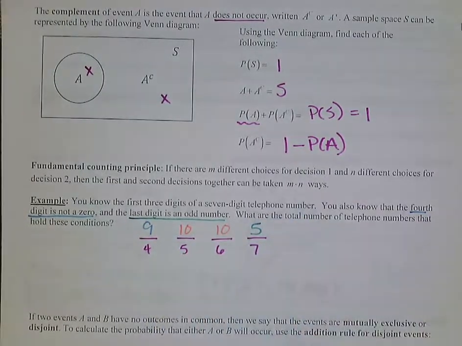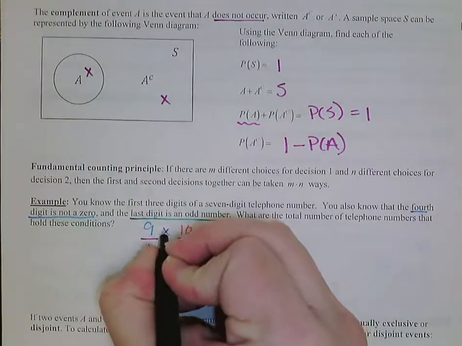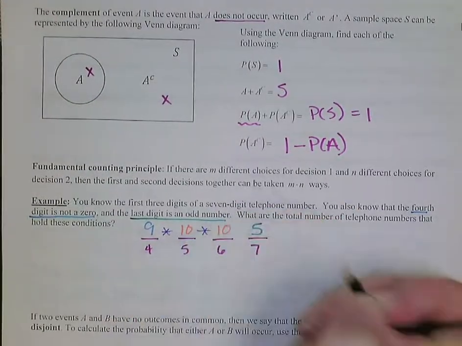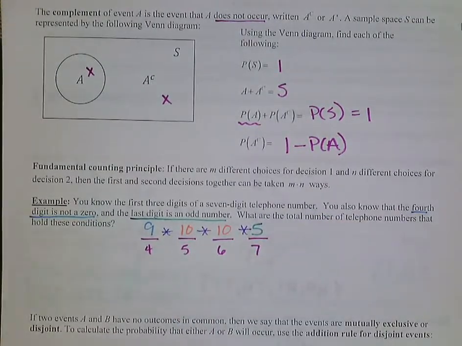So if I want to know the total number of telephone numbers that hold these conditions, that would be 9 times 10 times 10 times 5. That's the number of different combinations that we could create based on the number of outcomes for each of those digits.